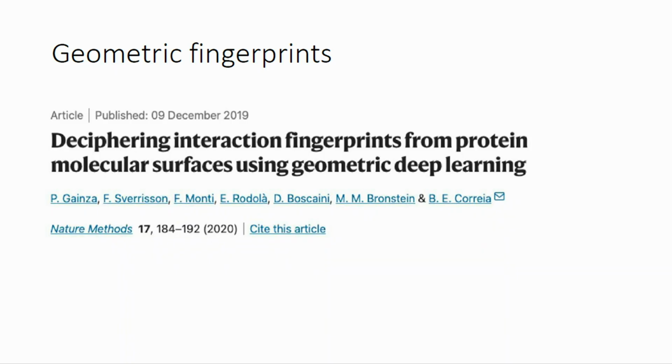It's from a group in Europe, where they came up with this concept in geometric deep learning, a fingerprint of surface that can be used to derive a profile of the geometries of the protein surfaces that we can use to inform where the binding sites are, for example, or just try to profile or categorize different types of interface.